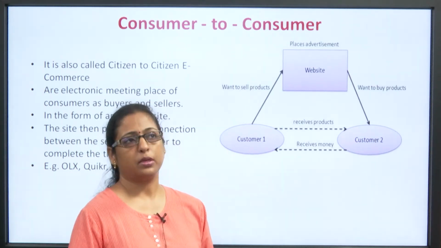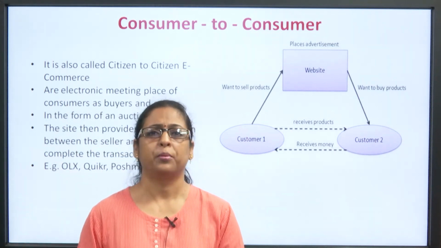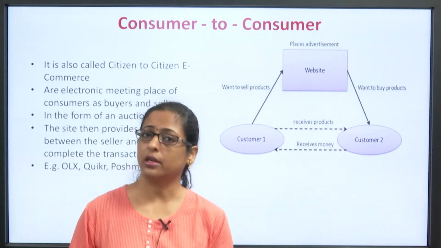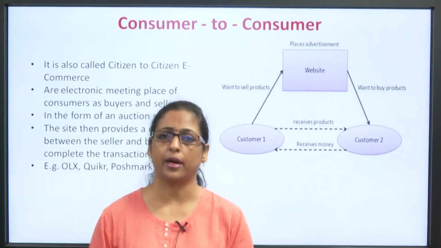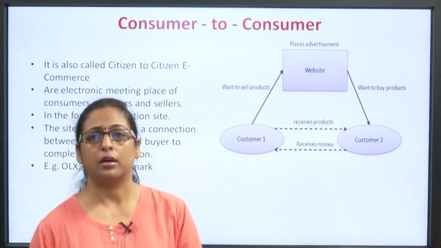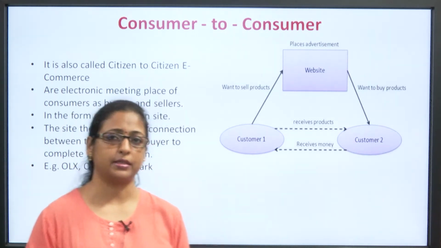For example, it could be furniture or an electronic product which is not of use to me, which is in good working condition, or maybe I have got relocated, and so there is a requirement for me to cut off certain assets of mine.